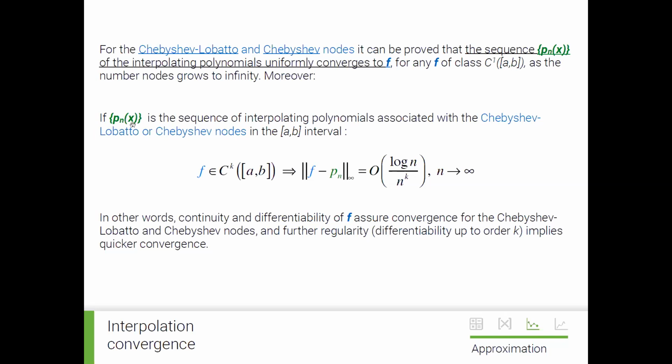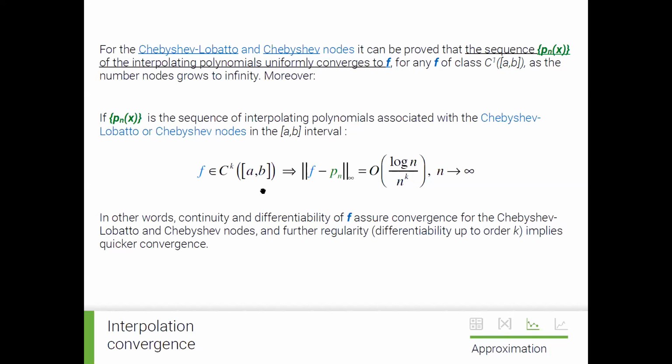If Pn of x is the sequence of interpolating polynomials associated with Chebyshev-Lobatto or Chebyshev nodes in the interval AB, then we have this condition. So f from C^k of AB means k times continuously differentiable on the interval AB.